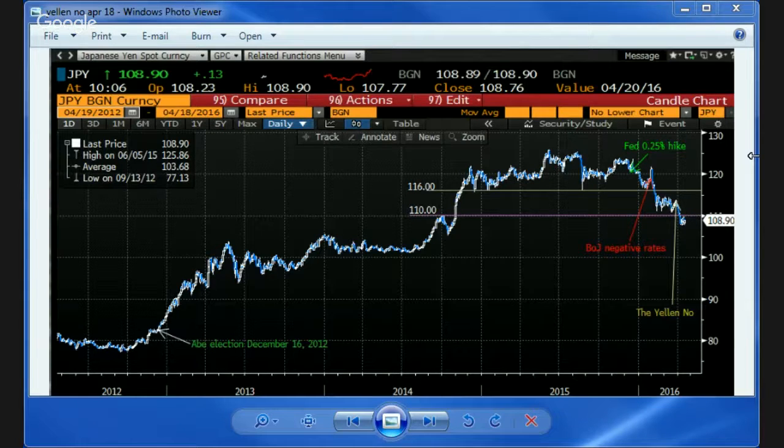And there you have, I think, the most important effect on the dollar yen and why the yen is actually strengthening.